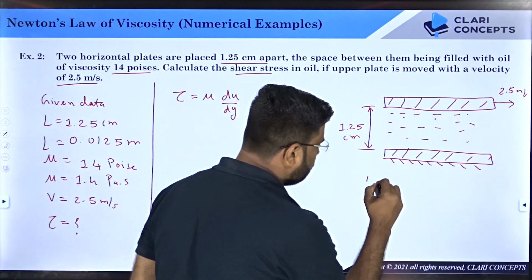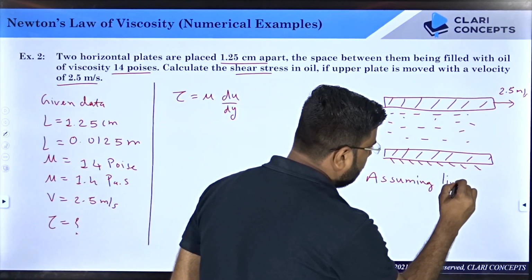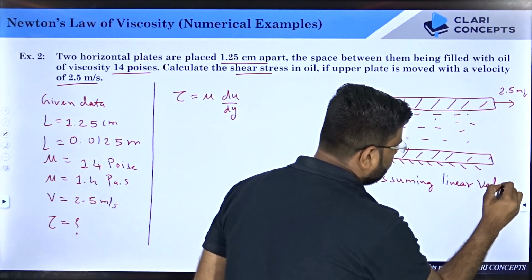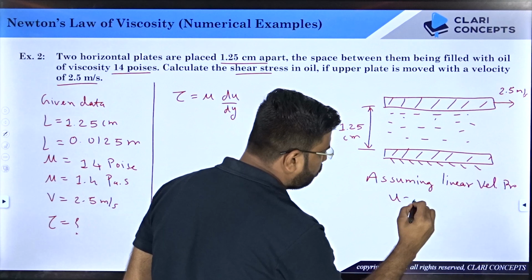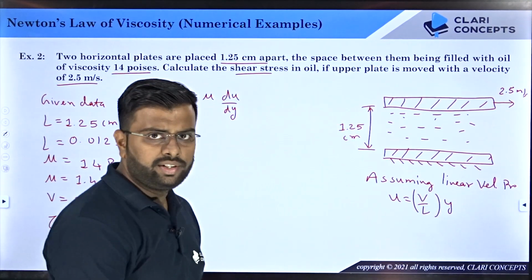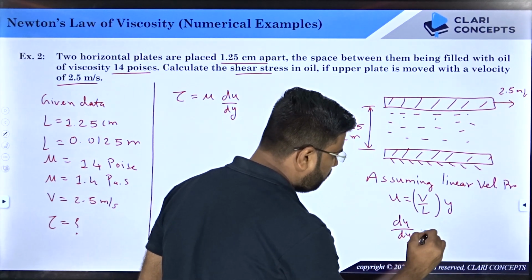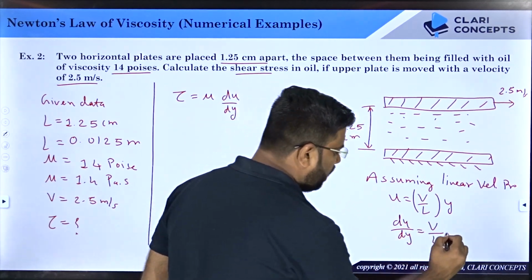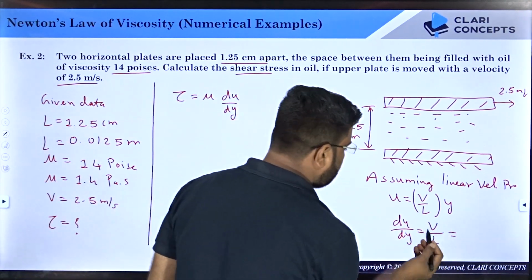So assuming a linear velocity profile between the fluid layers, I would say u equals V divided by L times y, isn't it? So therefore du by dy should be equal to V divided by L, and V is 2.5.